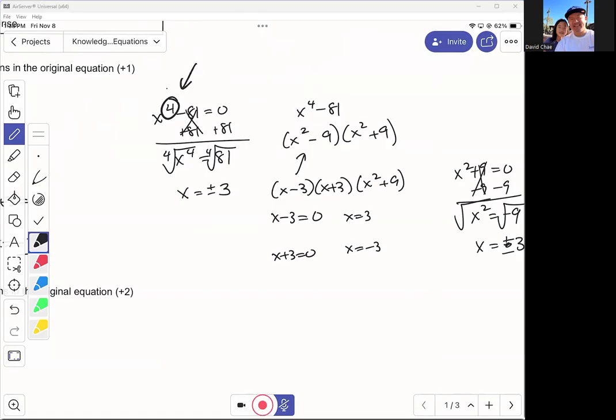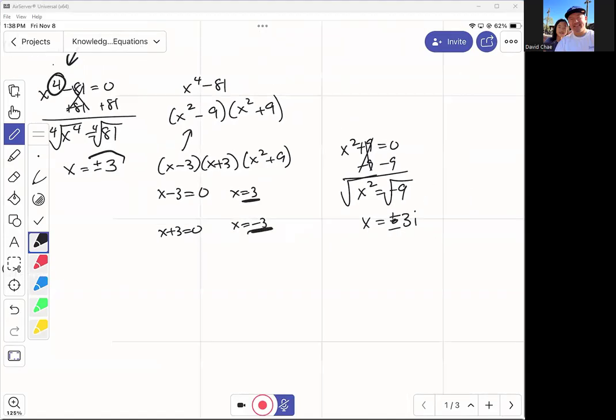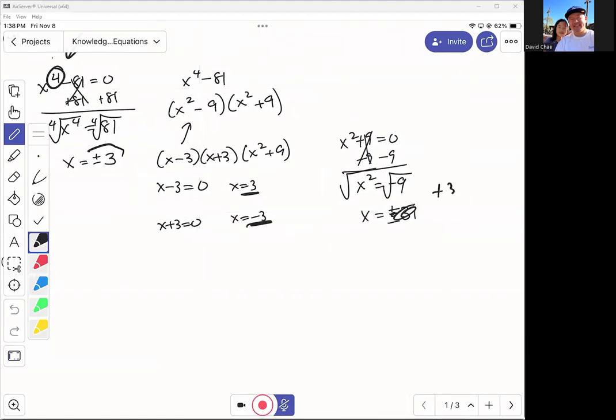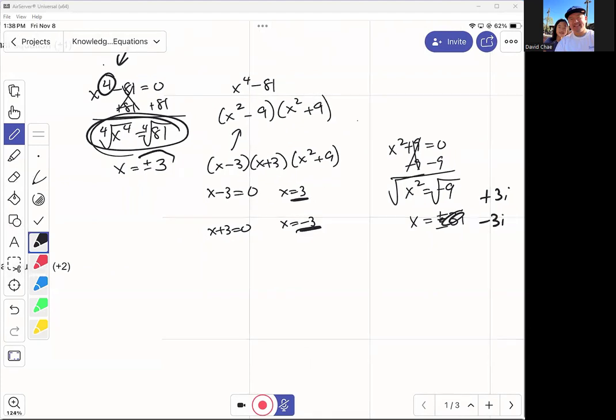Notice that the highest power is 4, so we have the 2 real roots here, and the plus 3i and -3i. By doing it the other way, you wouldn't be able to get the i portion. So it's always better to factor if you can.